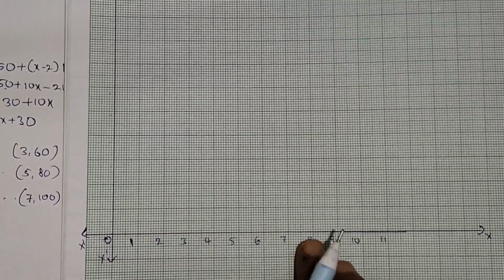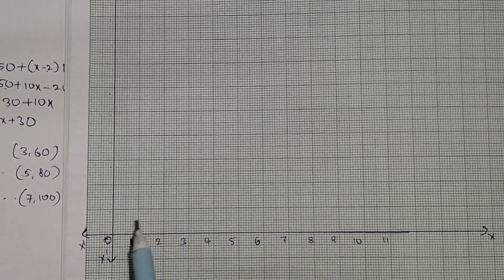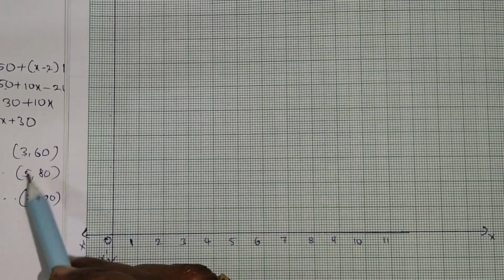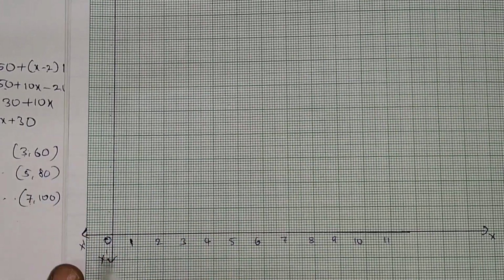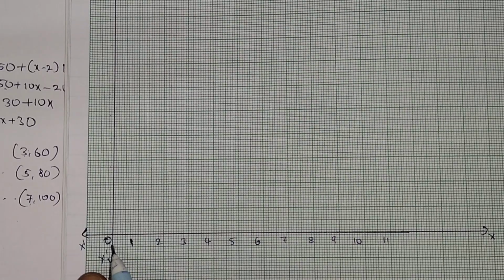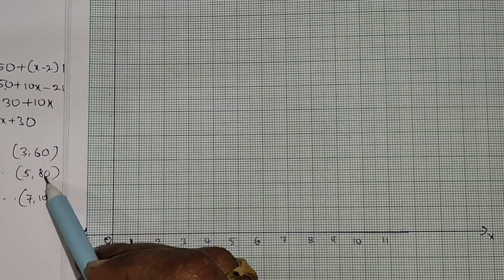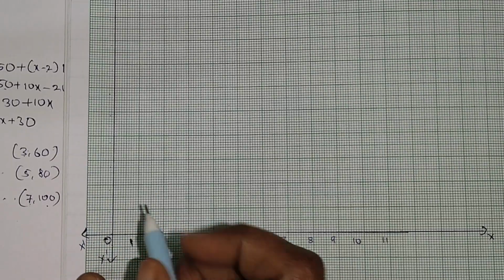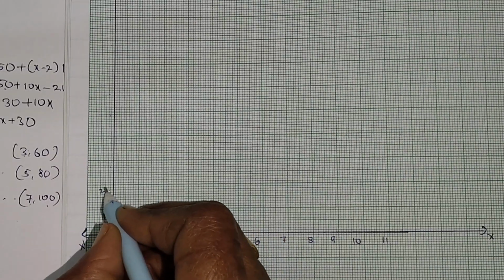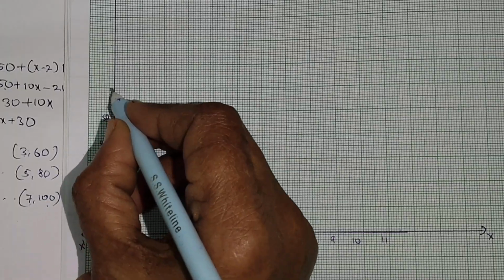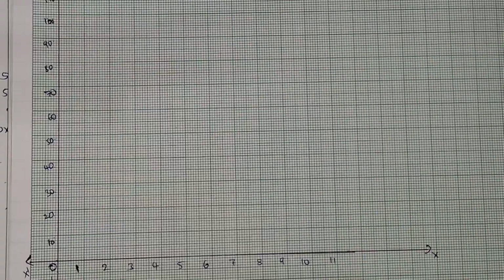Here I have already drawn the x and y axis. First we observe the x and y coordinates. Here 3, 5, 7, so 1 to 10 is enough. So we draw on the x axis numbers 1 to 10. Next on the y axis 60, 80, 100, so we take 10, 20, 30, 40, 50, 60 up to 100.